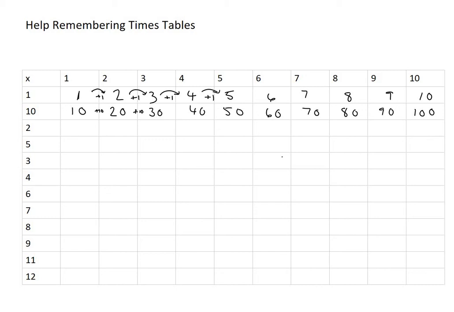2 times tables, another one that you probably find quite easy to remember, okay? So that's 2, 4, 6, 8, 10, 12, 14, 16, 18, 20, okay? If you need help remembering that, it's almost the same as counting, but saying every second number loud, okay?